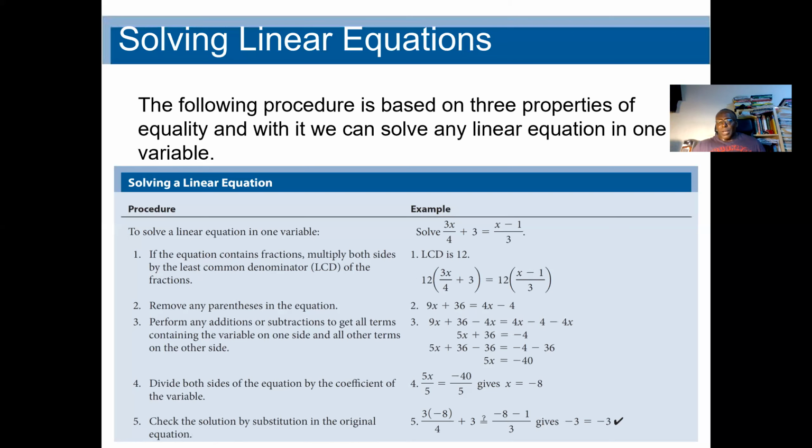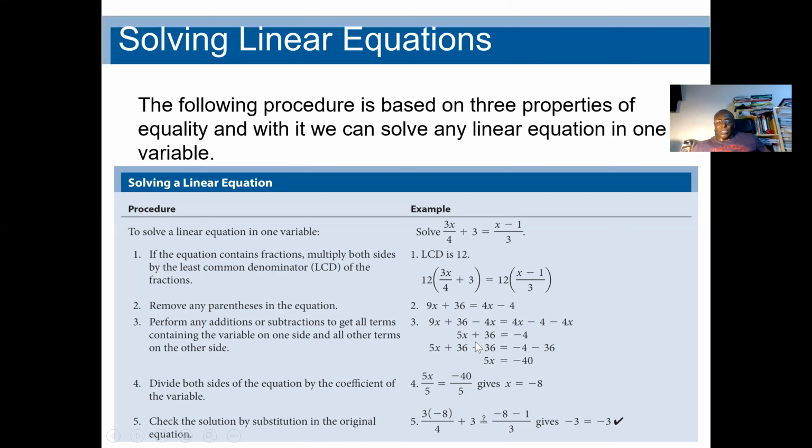Then we try and combine the constant values. So I bring 4x to the left. Again, 9x minus 4x. Then we combine 9x and minus 4x will give me 5x plus 36 equal to negative 4.